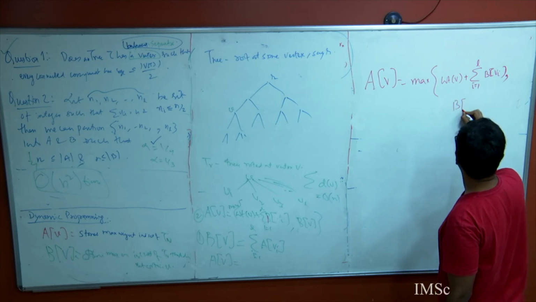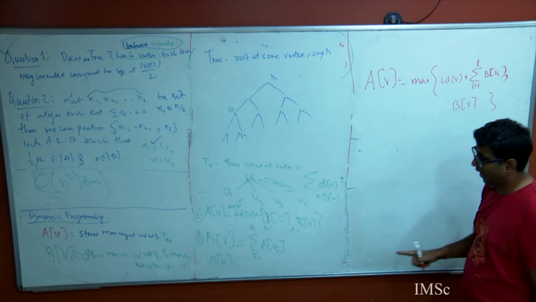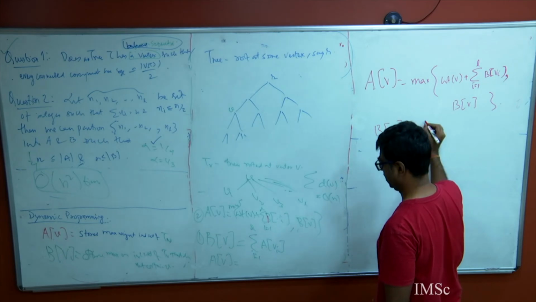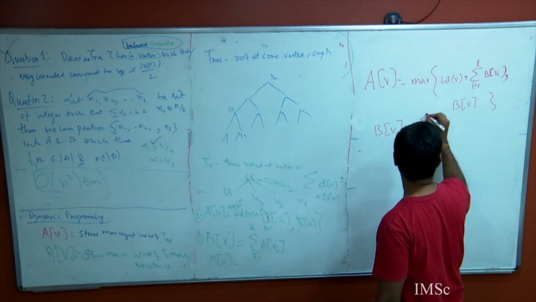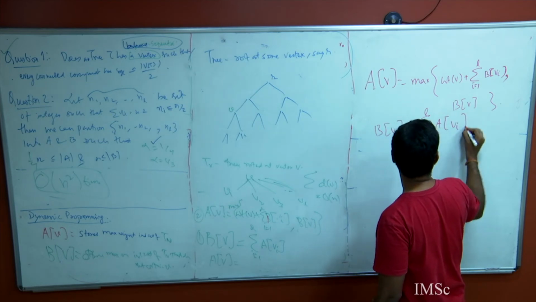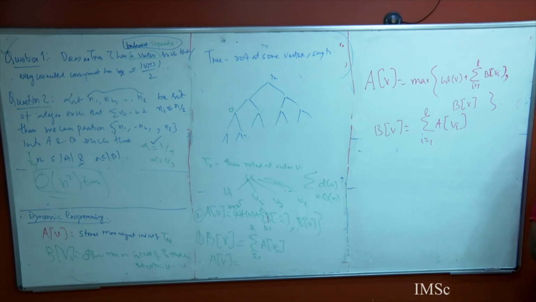It was B_V. So this is one recurrence, and another recurrence was for B_V: the summation, i going from 1 to L, of A_{V_i}. What is B_V? It is a maximum weight independent set that contains V.